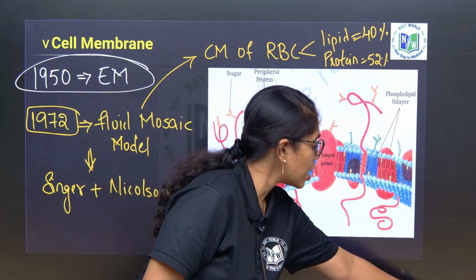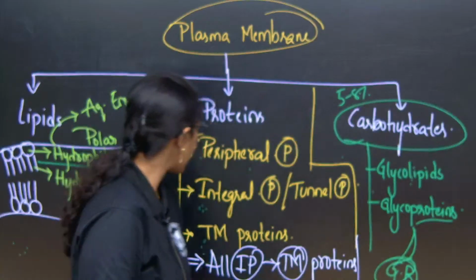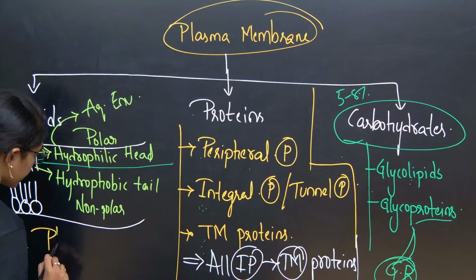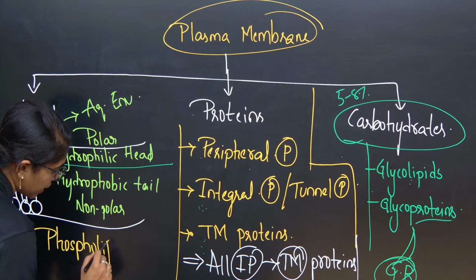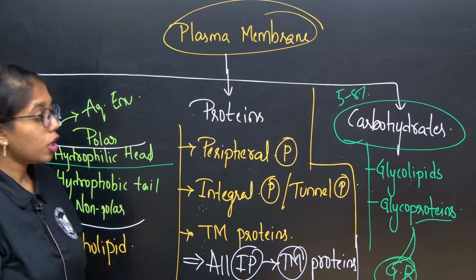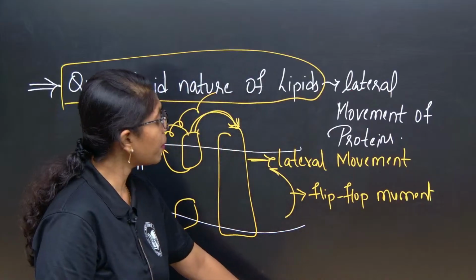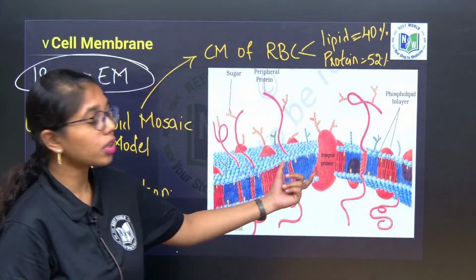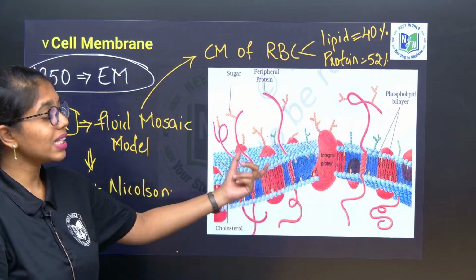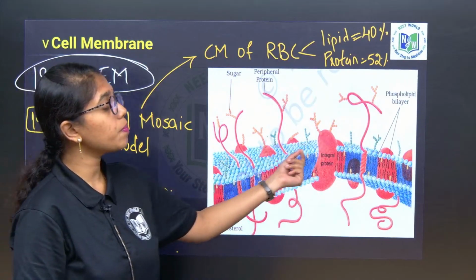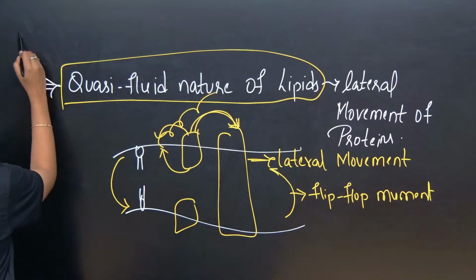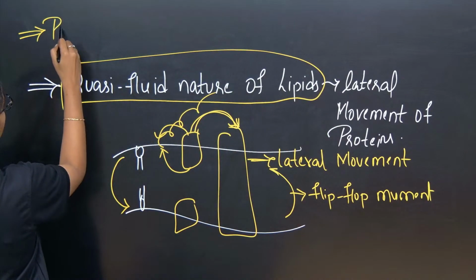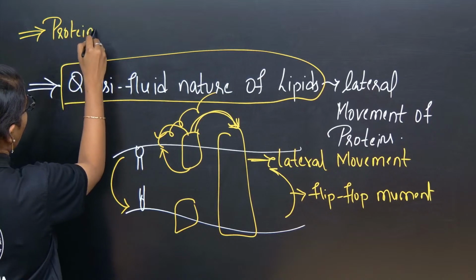What is the major lipid content in the plasma membrane? Phospholipid. So, how are the proteins present in the plasma membrane? Proteins are present as icebergs in the sea of phospholipids. Take that statement, most important mark.